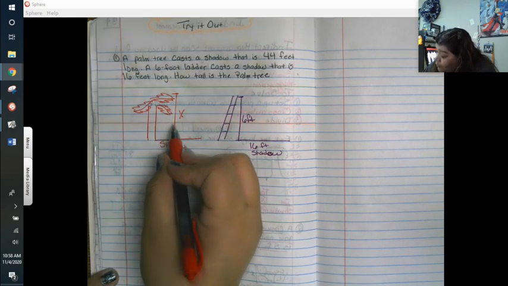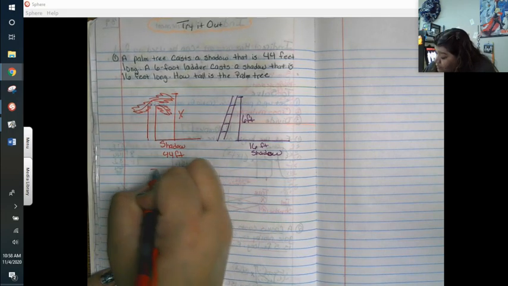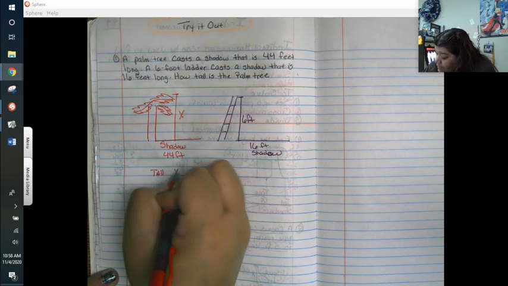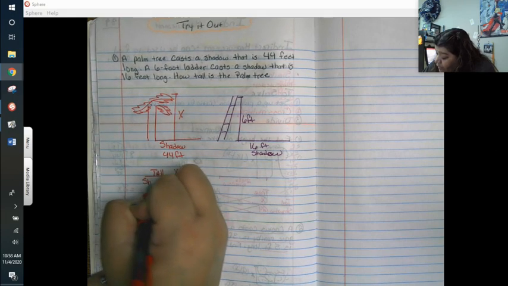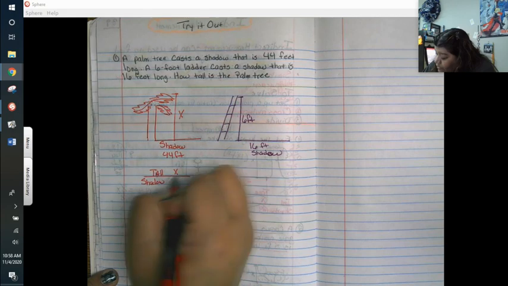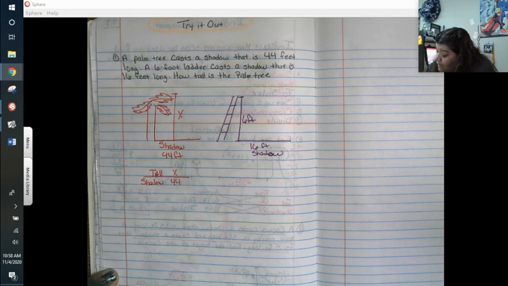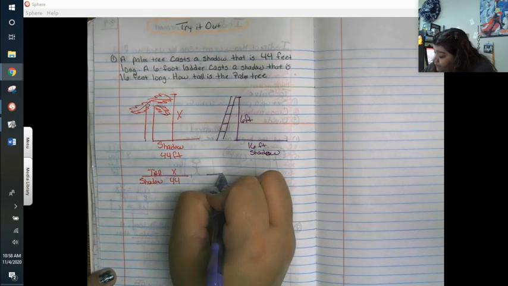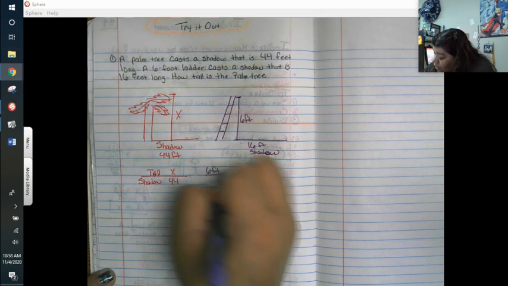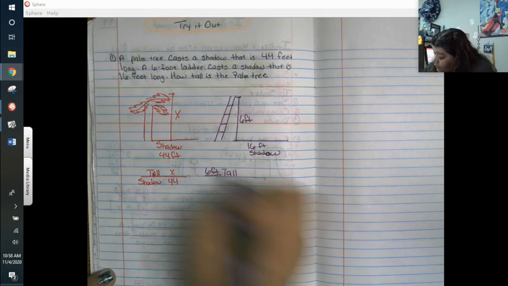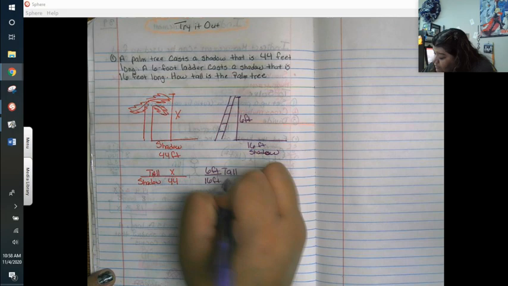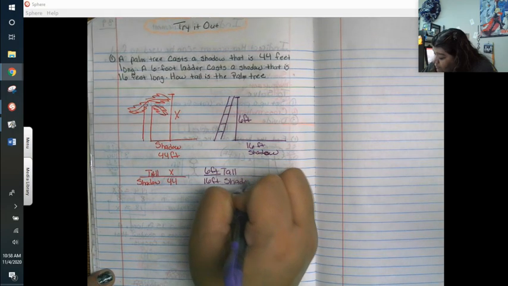Okay. So for my tree, I'm going to do how tall he is, which is X over his shadow, which is 44 feet. And now my ladder is 6 feet tall with a 16-foot shadow.